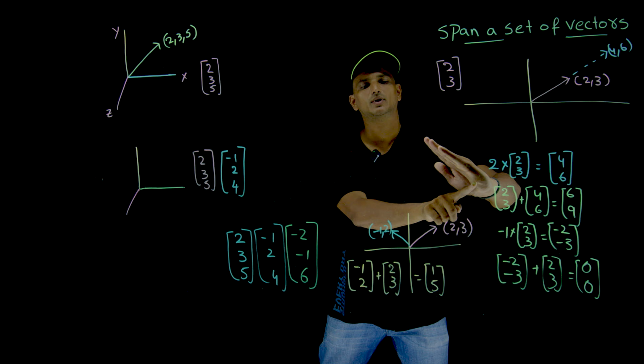When you multiply 2, 3 with -1, you are going to get a vector here, -2, -3, on the same line in the opposite direction. When you add -2, -3 plus 2, 3, you got 0, 0. Means this line is passing through the origin.